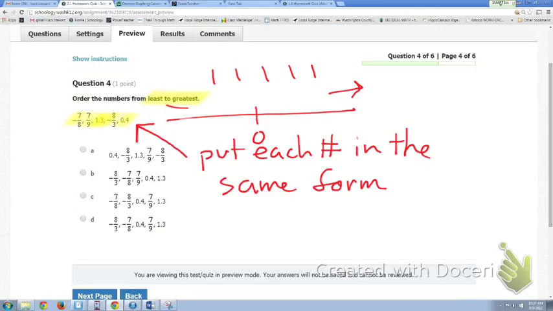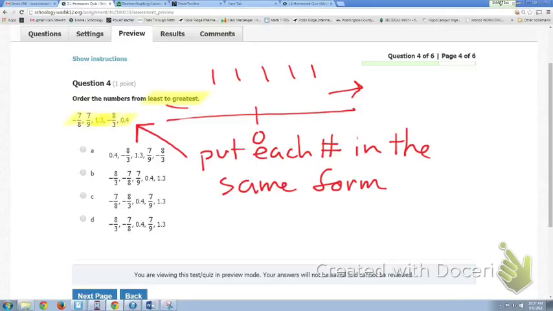If you can do that, then it's going to be easier to compare. A lot of students struggle with saying, okay, what's bigger, 7/9 or 1.3 or 0.4, or what's farther away from 0? It's hard to visualize because they're all in different forms. Personally, this is just my opinion, I like using the decimal form. Decimal forms for me are easier to compare. Don't ask me why, I just do.